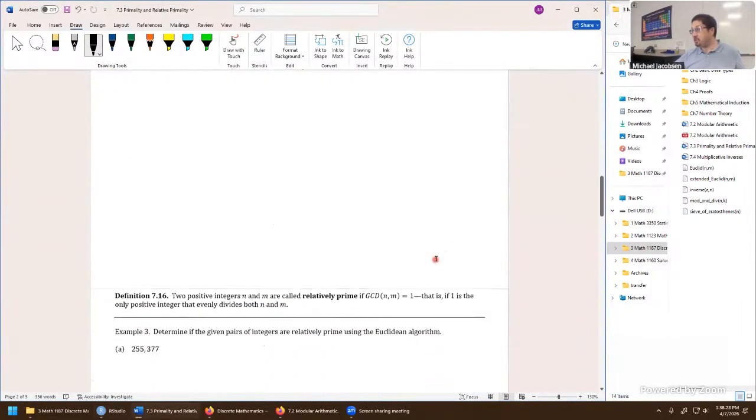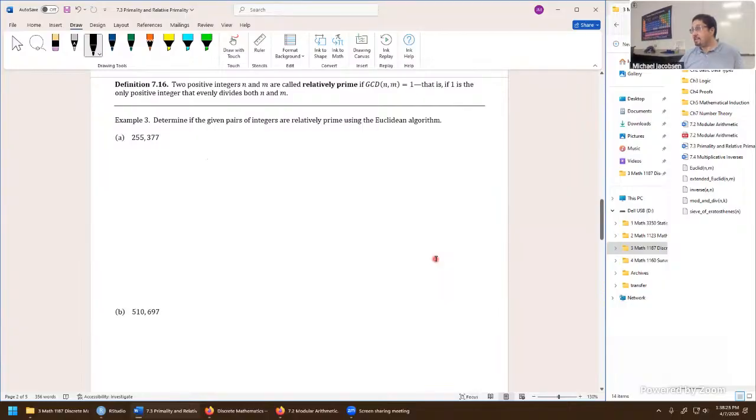But let's take a look into this idea once again. And I like the comment you made about the factor tree. So it says determine if the pairs of integers are relatively prime using the Euclidean algorithm, the same algorithm in section 7.2. But when you go to do this as, say, a homework problem, I don't care how you do this.